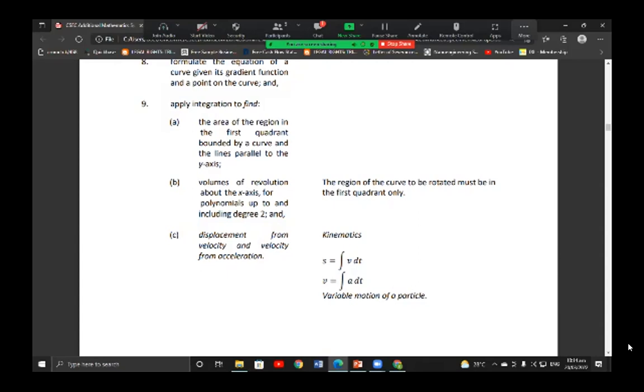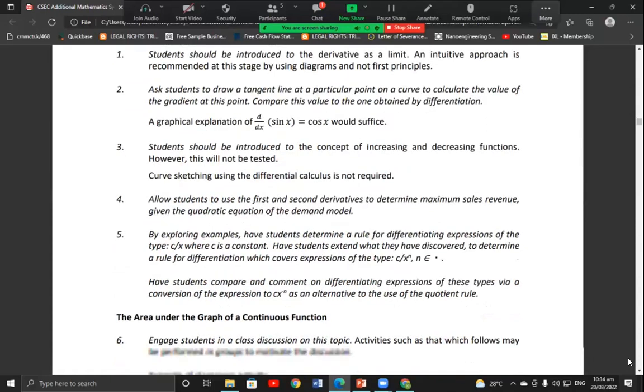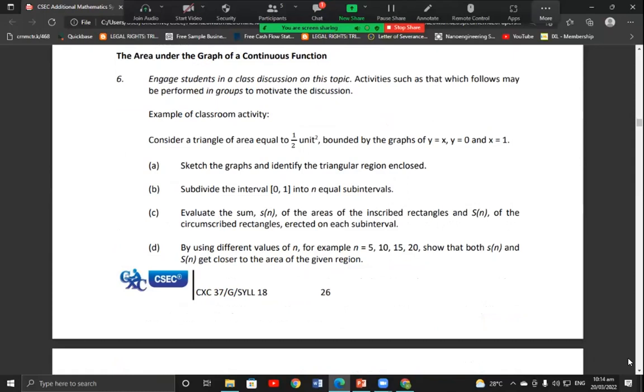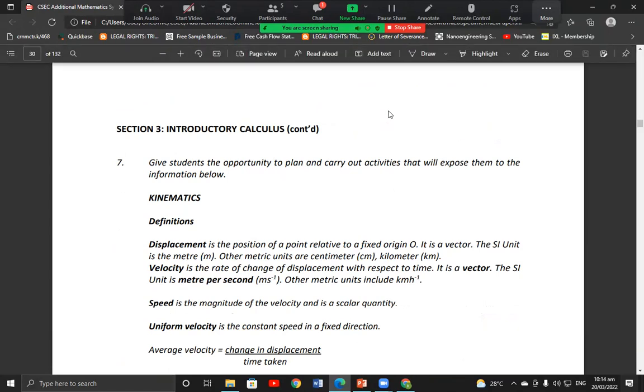So it's important for you to know how to differentiate and how to integrate when you're doing kinematics. But for today's class, we're not really doing that. We're just doing the basics, right? Because you need to understand the fundamentals before you could do those advanced things with all this calculus.